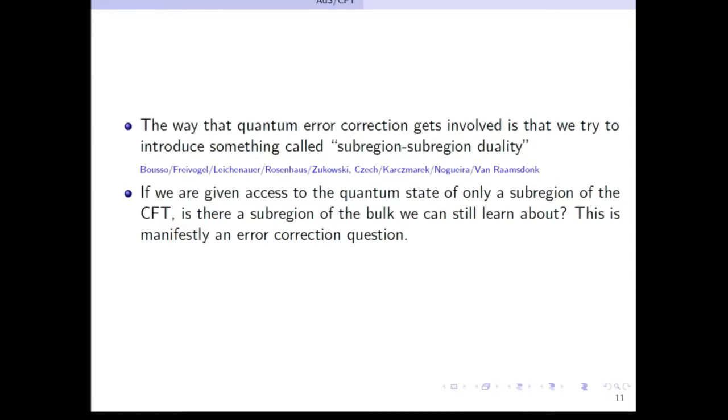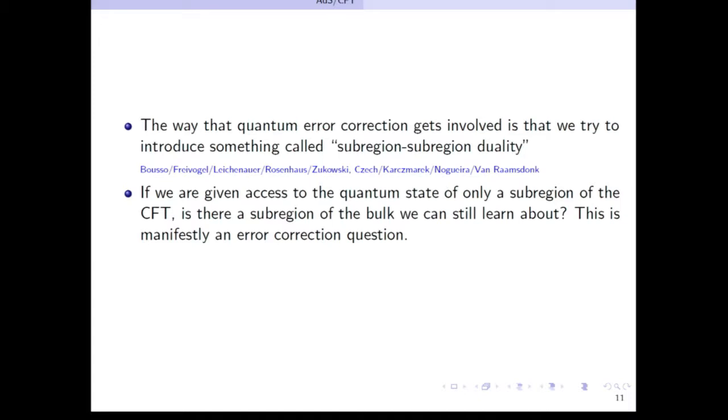It's a tensor product of different parts of the sphere. We give you the reduced density matrix just of the quantum state on some part of the sphere, say the north hemisphere or something. And then we ask, is there a subregion of the bulk that we can still learn about? Or in other words, is there quantum information about the bulk which we still have access to, even though we only have a sub-factor of the Hilbert space of the conformal field theory?